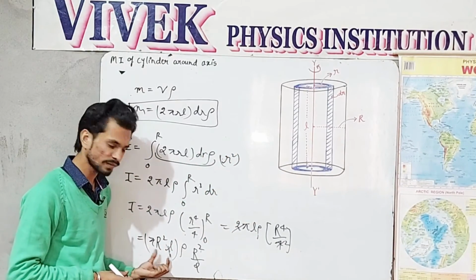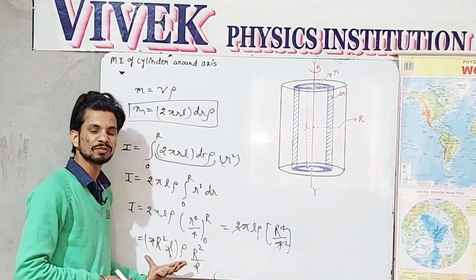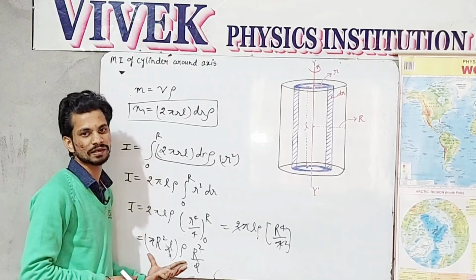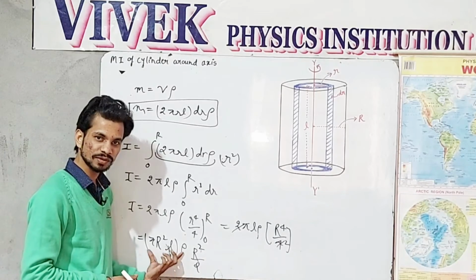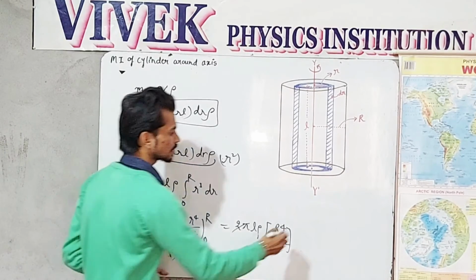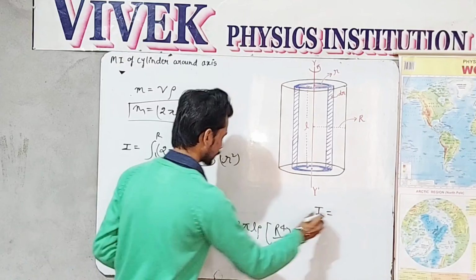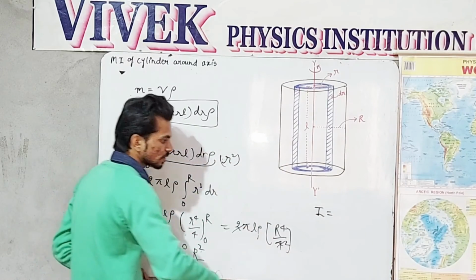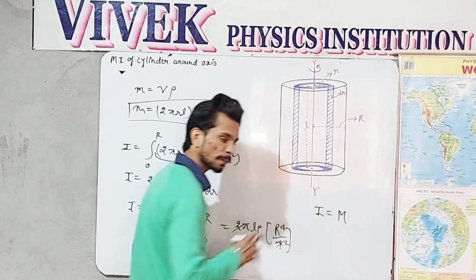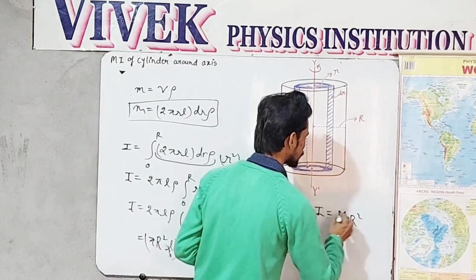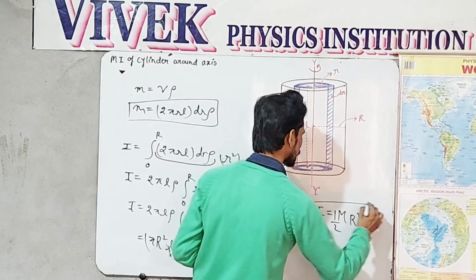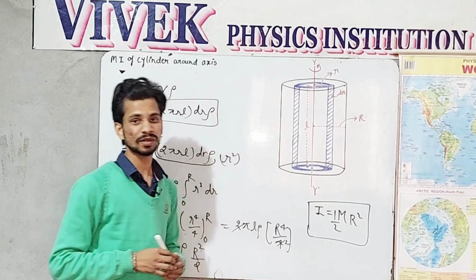This volume multiplied by the density gives me the mass of the complete cylinder. So this is nothing but I equals, this complete value changes into mass M, times R squared divided by 2. So this is the corresponding or required MI of the particular cylinder.